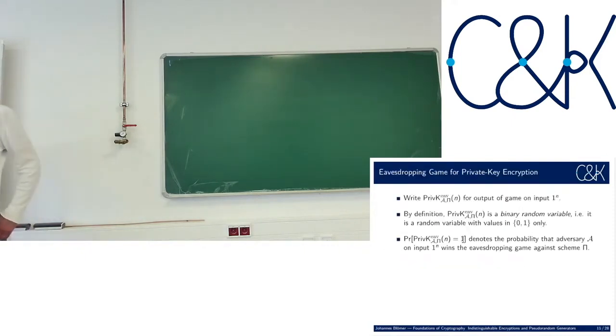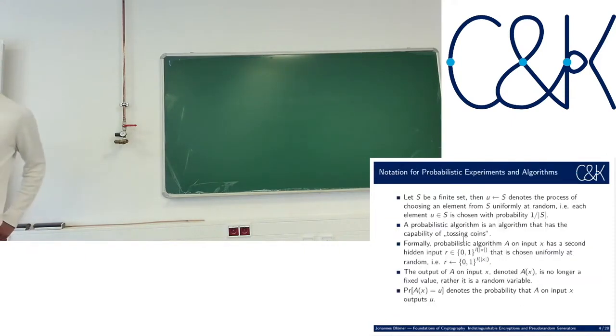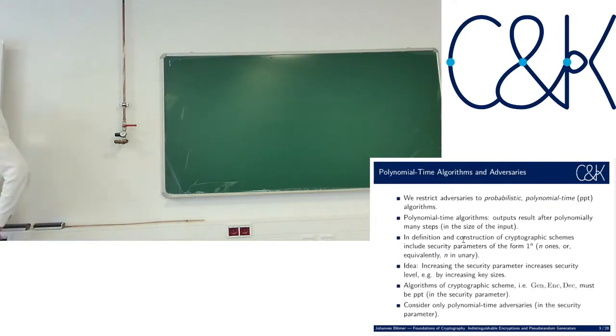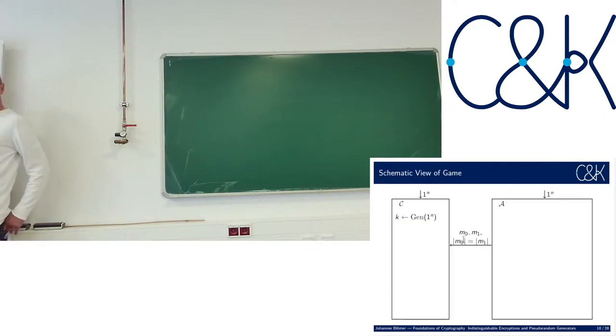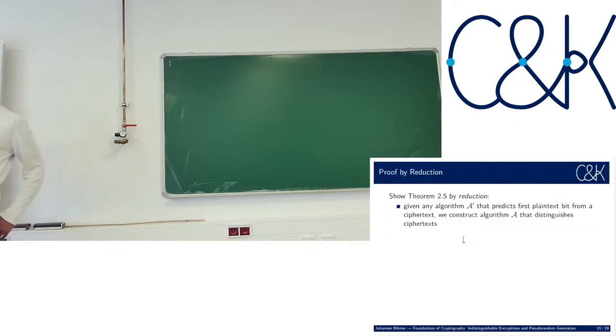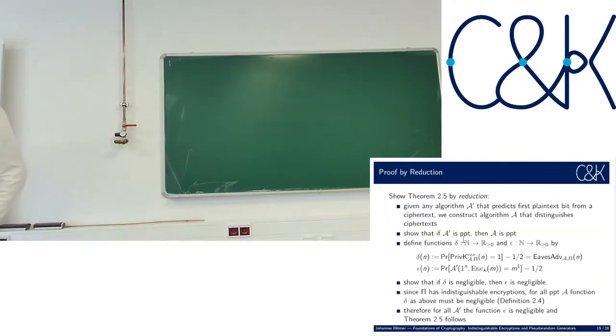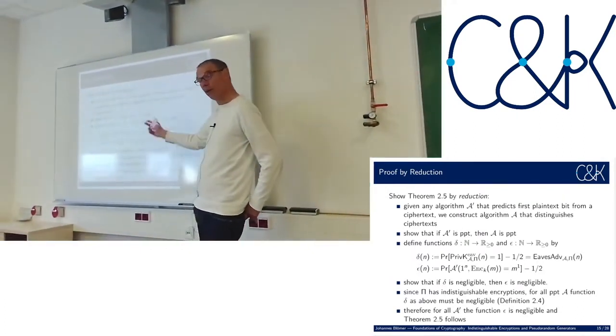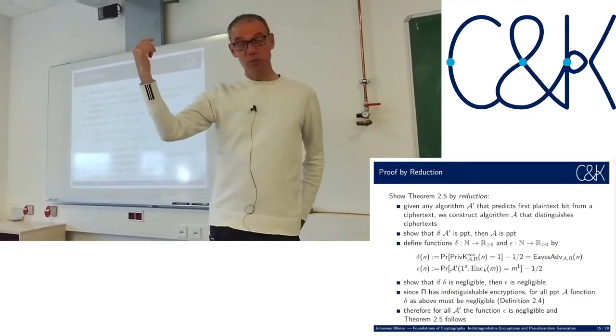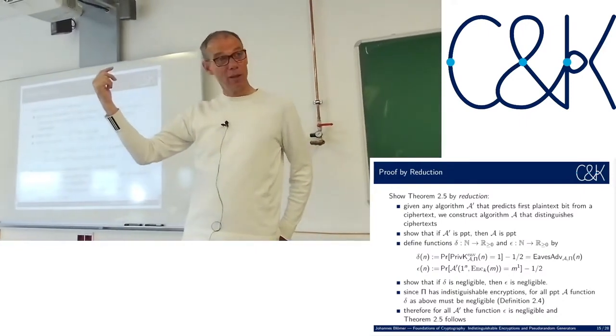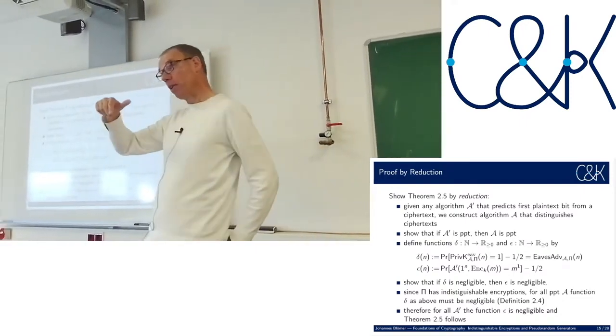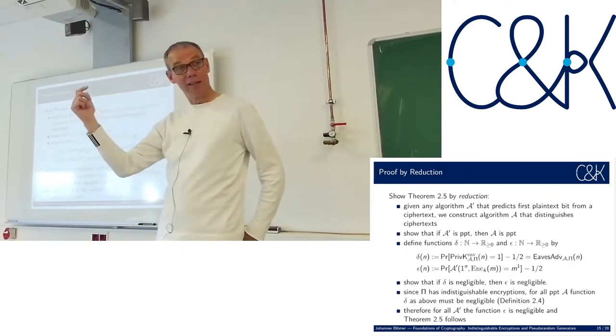Slightly now adjusted to the current situation. Given any A that succeeds, or that we have as something that distinguishes between encryptions, given that A, we construct a distinguisher D for the algorithm G. We show that if A is a PPT, then D is a PPT.